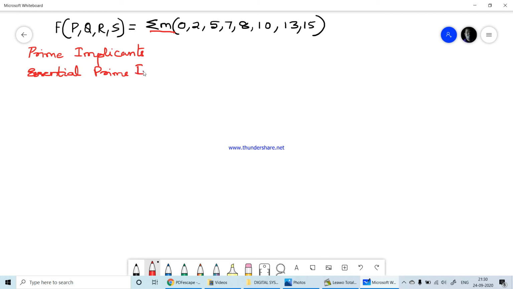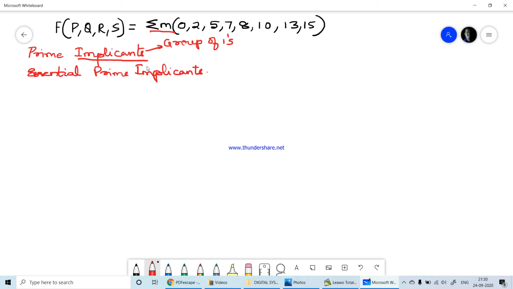Implicants are nothing but groups of ones, as in K-map. We have already seen implicants and prime implicants in the K-map, whereas in Quine-McCluskey we'll also see essential prime implicants.